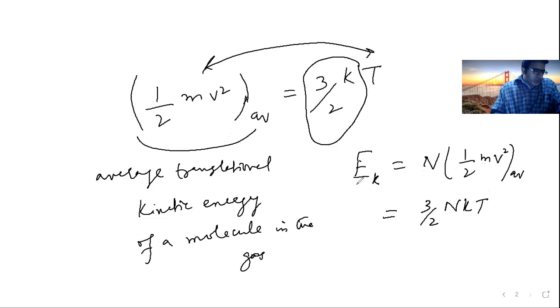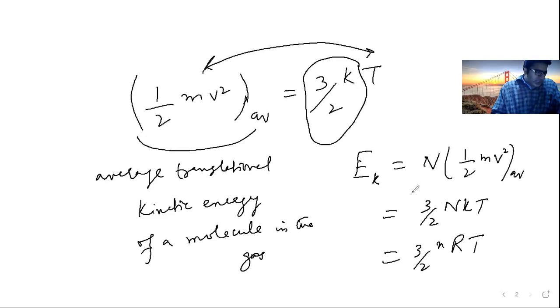So the total average translational kinetic energy of N molecules will be N times the value for each molecule. So you can write it 3 by 2 NkT, or I can write it 3 by 2 nRT.